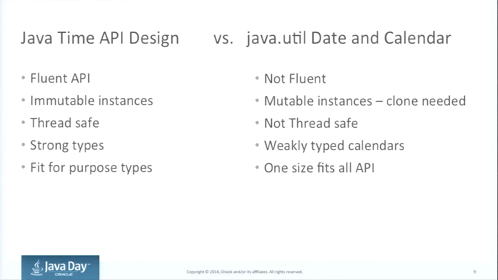We're going to use methods that return an object, and we're going to see that a lot. If I want to change my original date, I cannot do that. What you do is create a new one that takes the value of this one plus the modifications you want to apply to it. That's the way you change a date, by getting a new one from the original one with some adjustment.